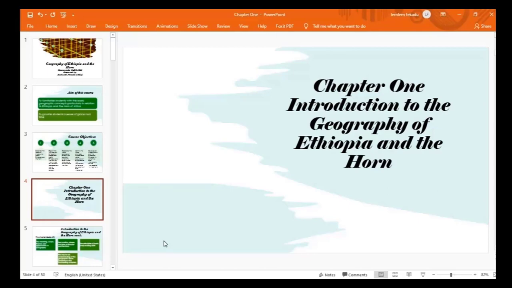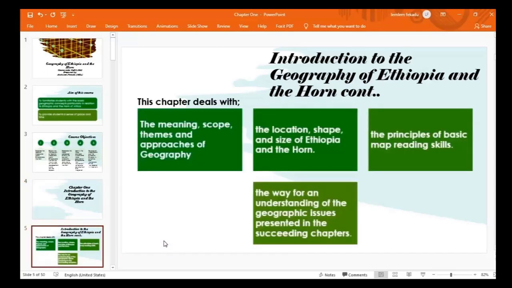Chapter 1 is introduction to the geography of Ethiopia and the Horn. This chapter majorly focuses on the meaning, scope, terms and approaches of geography, the location, shape and size of Ethiopia and the Horn, and its implication in the three aspects, especially in the environment, in the socio-economy and political aspects.